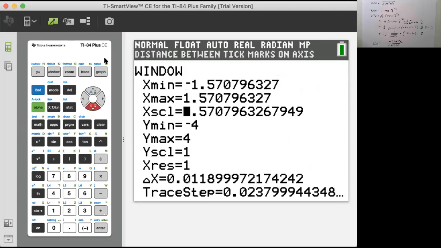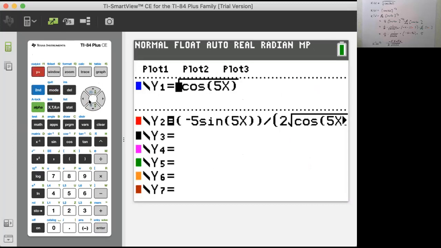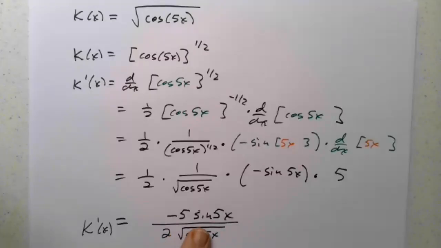Again, just to get some idea of how this is behaving. Okay. Is that the same thing I get for my k prime? So we see that's in red. What did I think the answer was? I thought it was negative 5 sine 5x over 2 times the square root of cos 5x. We're going to see if that matches up.